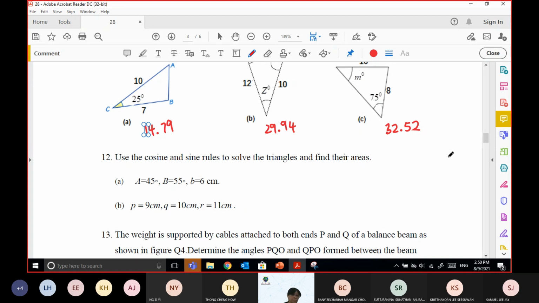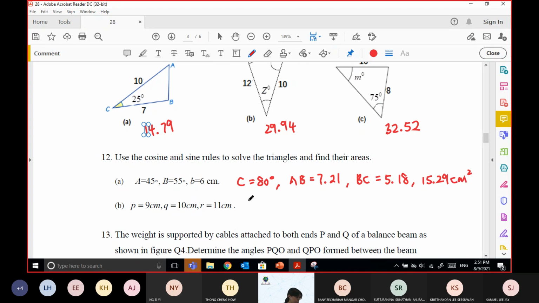Okay, so 12. You have another C will be 80 degree. Then you have AB as 7.21, BC as 5.18, and the area is 15.29 cm square.